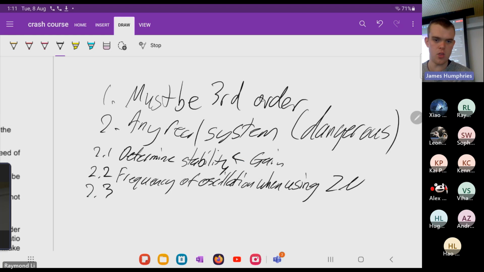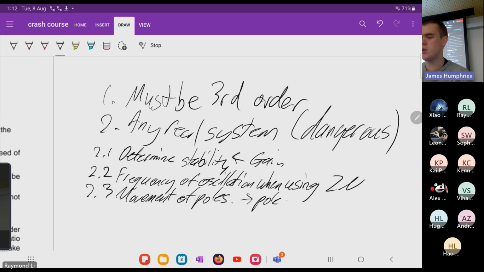The last one is the movement of the closed loop poles and whether or not there will be a gain where the closed loop poles can enter the desired region. So the movement of poles, whether you can actually place the poles where you want. And this also leads to a bit of pole zero cancellation.